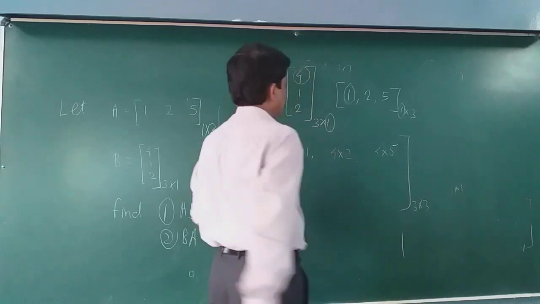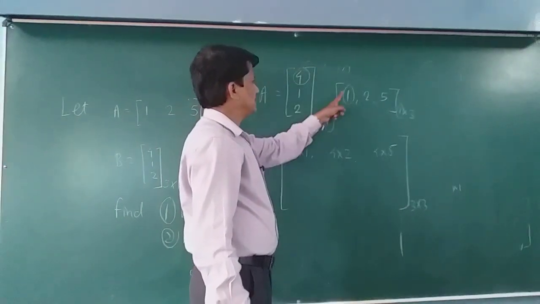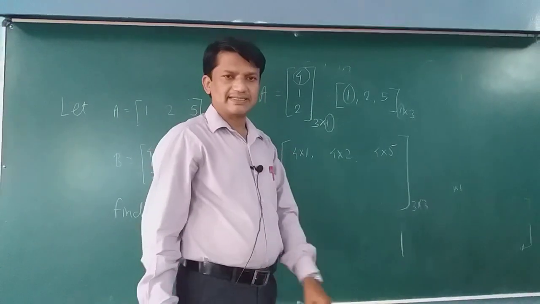Thus we have multiplied our first row with column first, column second and column third, and the answer is written here.